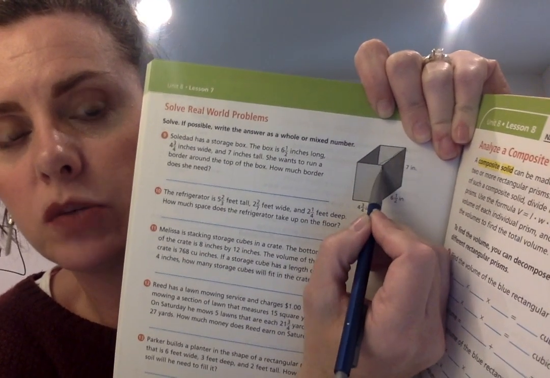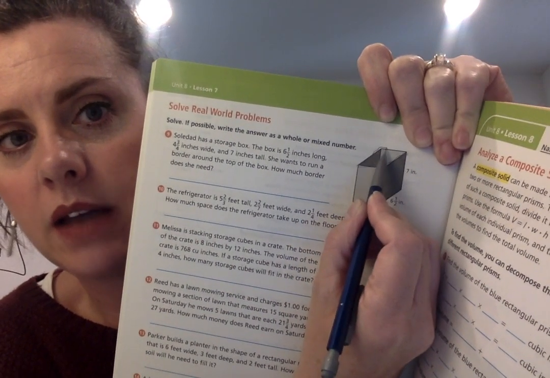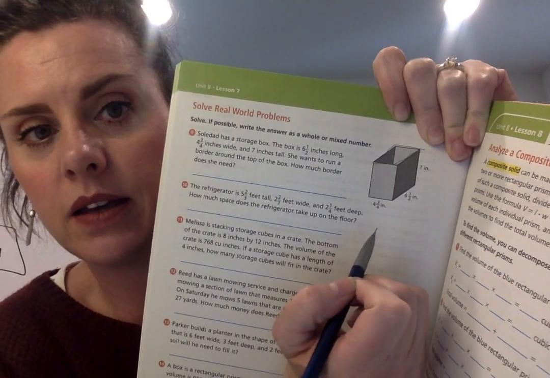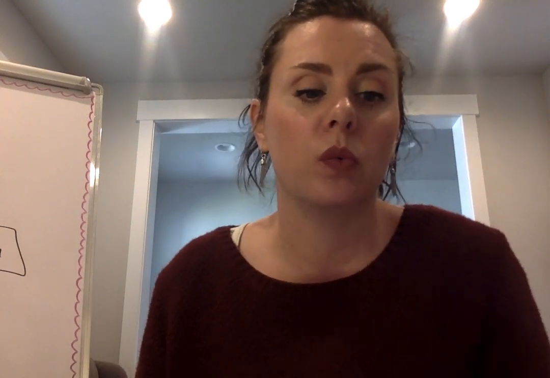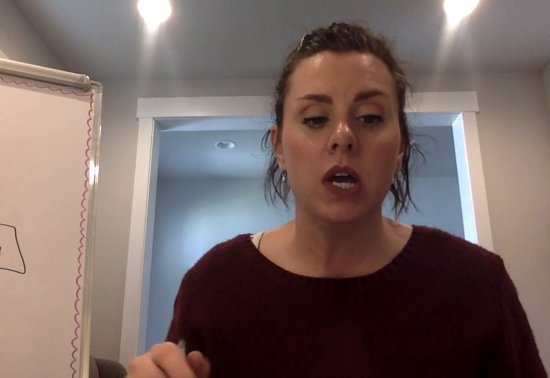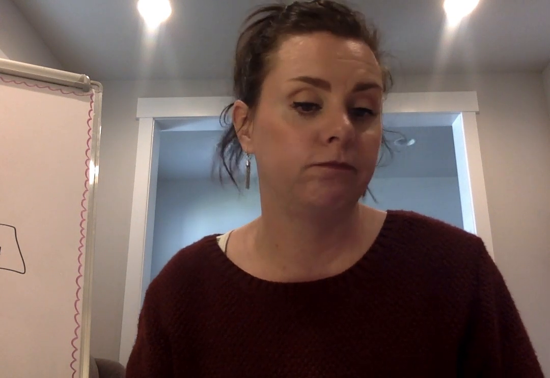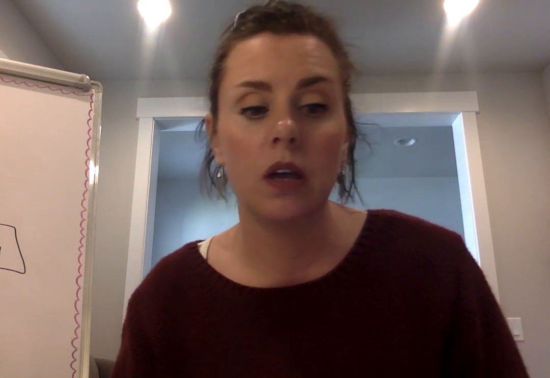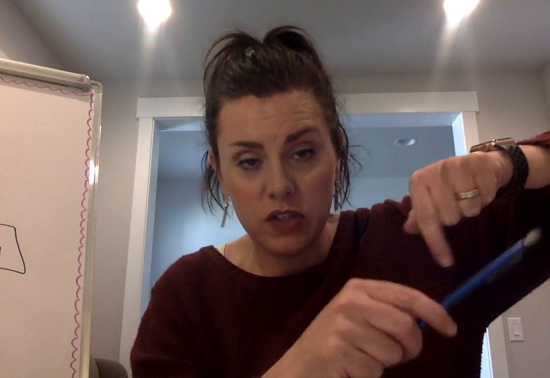So we're actually finding the perimeter of our box, right? We're going to just see how much border we need to go around the top. So we're going to add together 4 3/4 inches plus 6.5 inches plus 4 3/4 inches on that back and 6.5 inches on the side.